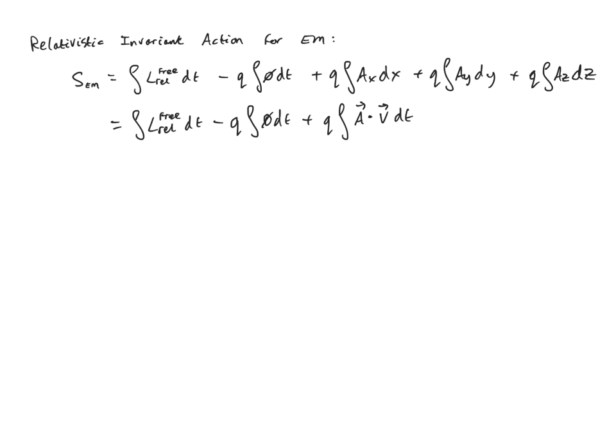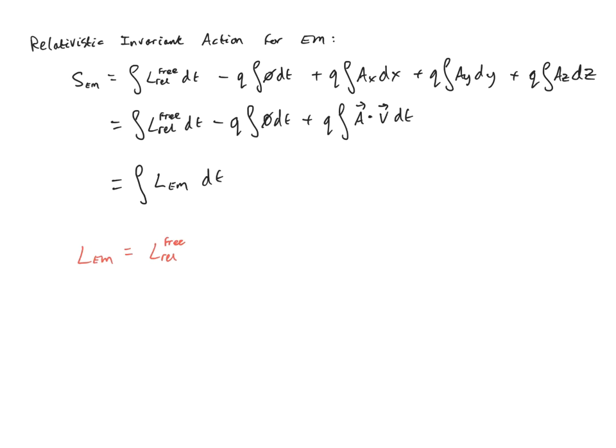And I wanted to do this because I've now been able to write this whole thing as the integral dt, and therefore I can write this whole thing as the integral of a Lagrangian for electromagnetism dt, where the electromagnetic Lagrangian involves a free piece, which is just for the particle moving around without any potential.